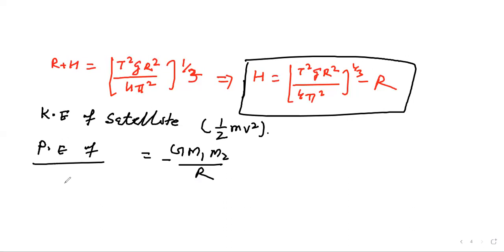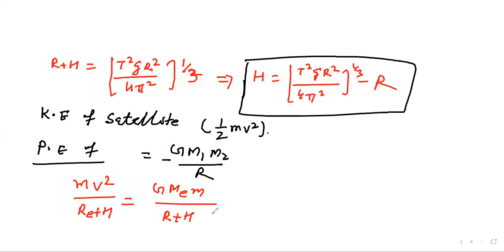First I am finding kinetic energy, then potential energy. You know centripetal force equals gravitational force. The centripetal force is mv square upon RE plus H, where I have taken small m, equal to G ME m by (R plus H) whole square.